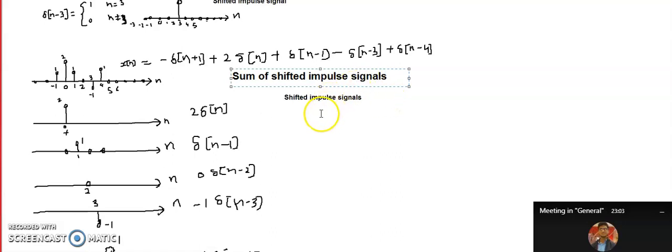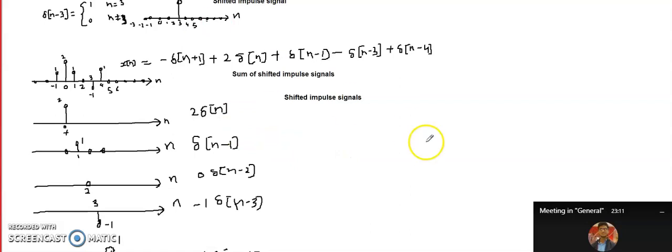We can write xn as sum of shifted impulse signal. In the generalized form, we can write any discrete time signal like this. Any discrete time signal can be written like sum of shifted impulse signal like this.